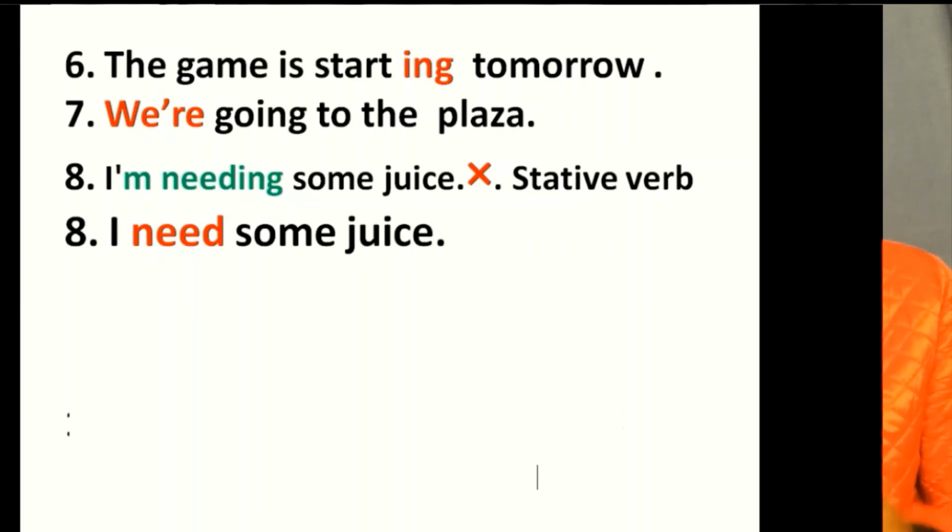So you have to be aware that we don't use stative verbs in present progressive, except some verbs that are stative and at the same time action verbs, but the meaning will change. All right, guys. Okay, let's go.